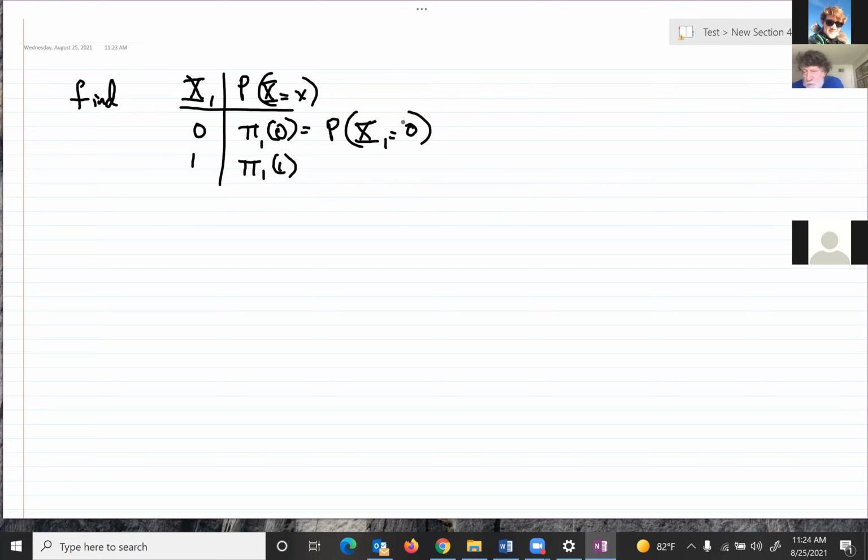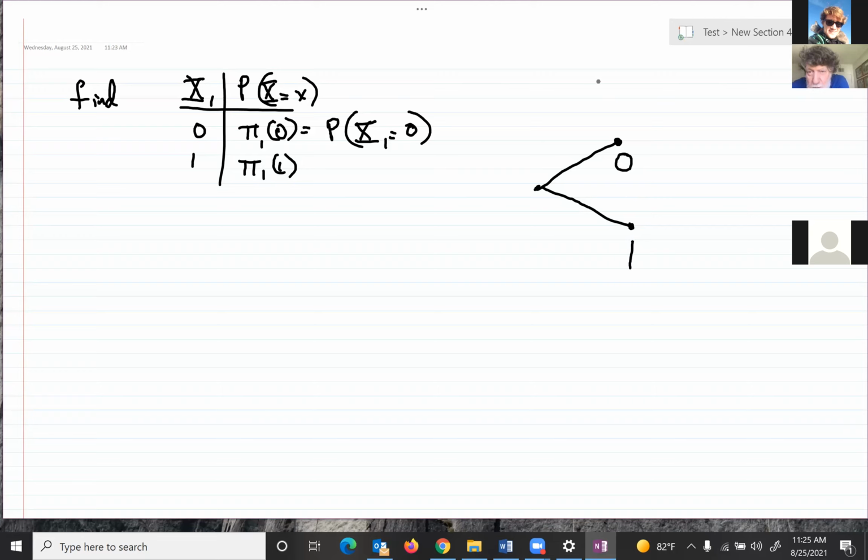Okay, so the natural thing to say is, well, how was the machine working from the beginning or not? So we can make a tree. This would be the state initially. So initially, the machine's either broken or working. Broken means state 0, so we use 0 for being broken, and 1 means that it's working.